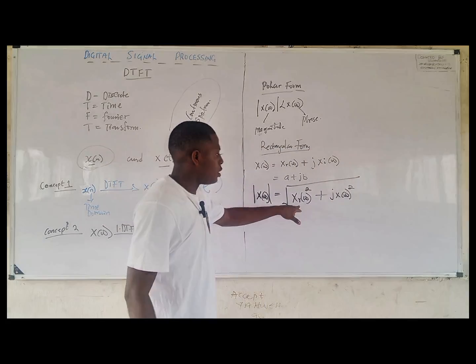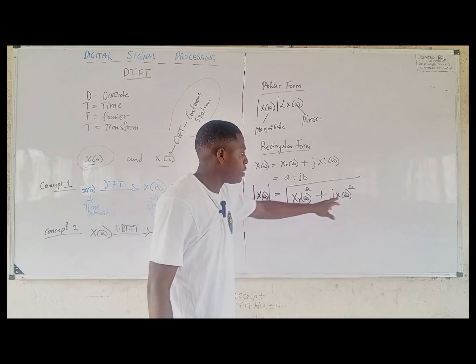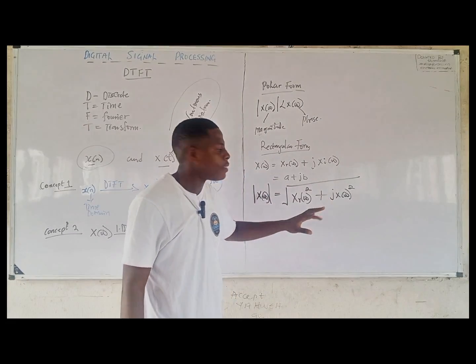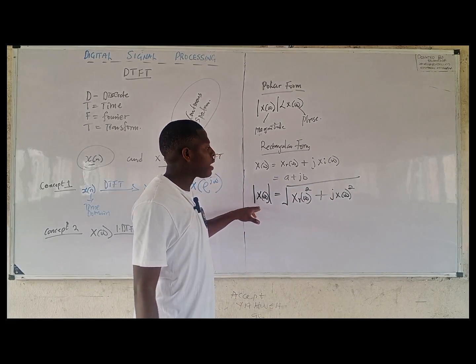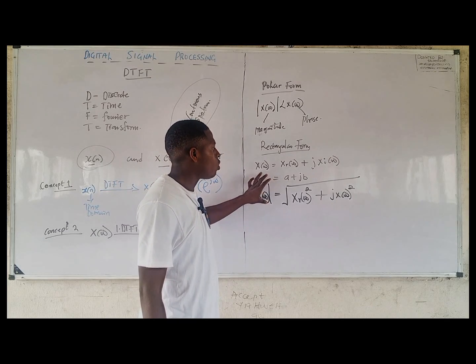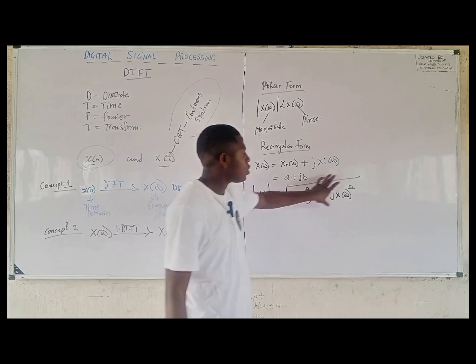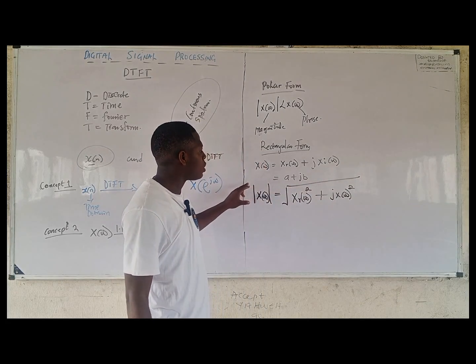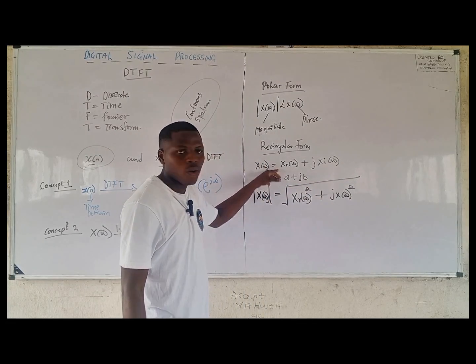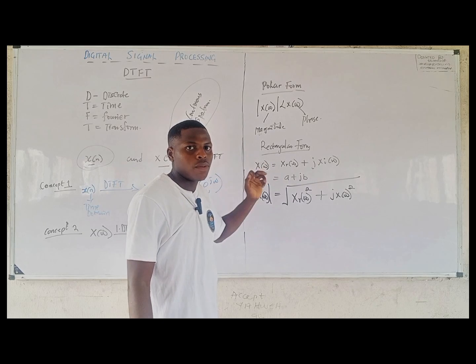Now, this is the square of your real part. This is the square of your imaginary part. This is the magnitude of your rectangular form. This formula will help you to get the magnitude of your rectangular form. Are we together?